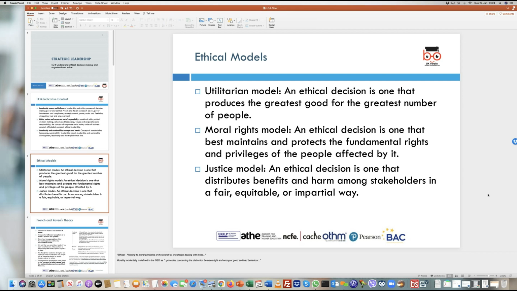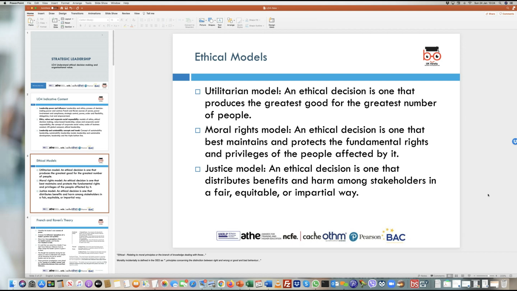Those decisions are based on the utilitarian model, which means that it does not cover 100% of the people involved, but generally decisions are taken from a sense that they will lead to greater good for a number of people from an organization business point of view.